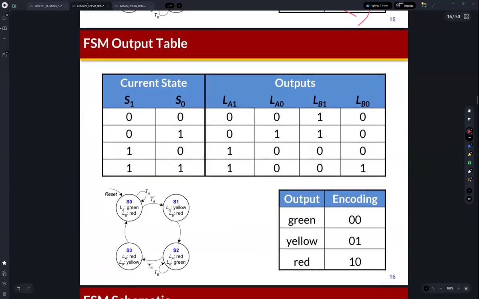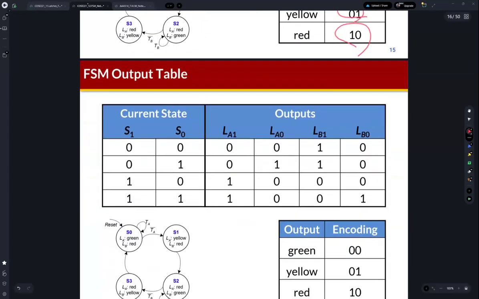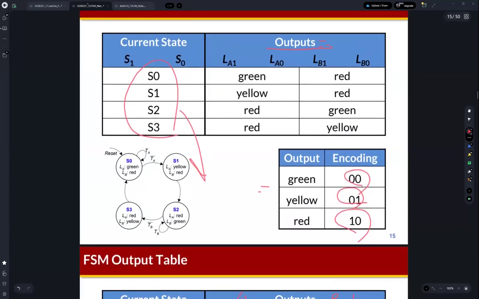And then we need to use the encoded value for the states. So this is S0, S1, S2, S3, and then these are encoded values, right? This is green, and this is red. So you can just encode it: green is 0, 0, yellow is 0, 1, red is 1, 0.